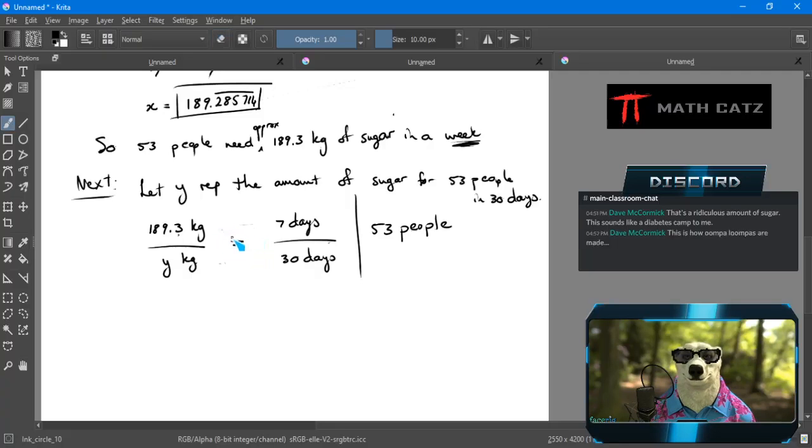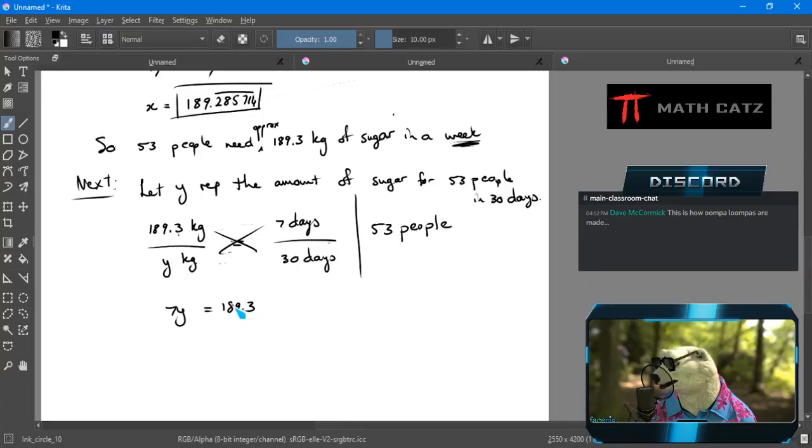Cross multiply. And I have, because the 7, it's going to look very similar to the top one, but it's just coincidence. They use 7 days and 7 people. Shouldn't actually be the same. 189.3-ish times 30.